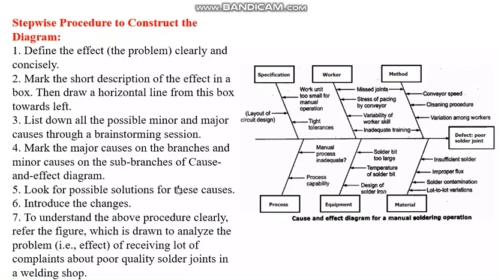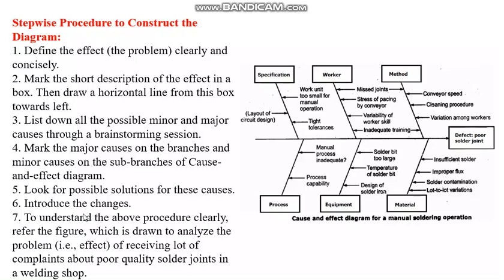Then look for possible solutions for these causes. You see, this is charting of the diagram. Afterwards, what you have to do is look for possible solutions for these causes. Then you have to introduce the changes. Once you have found the solutions to overcome this problem, you have to implement those solutions.